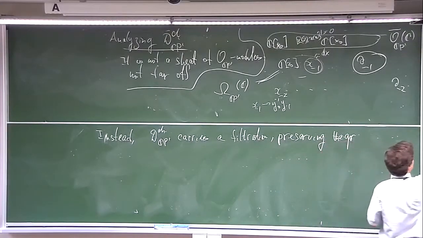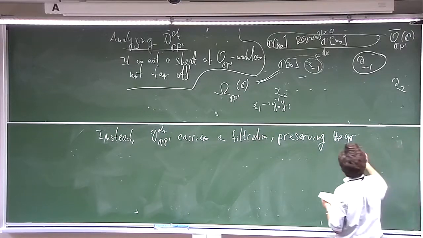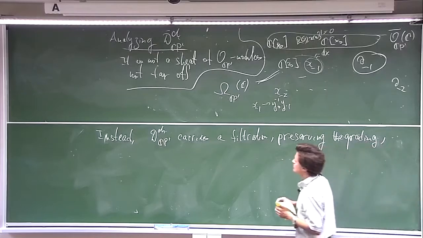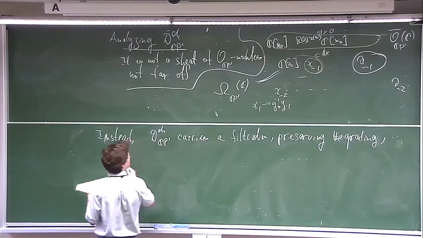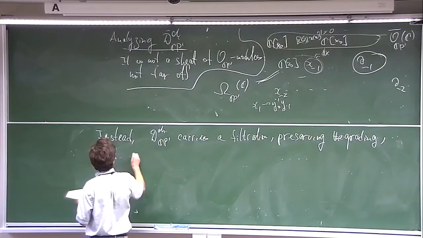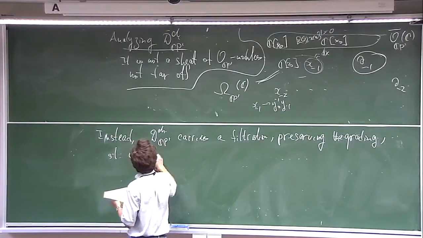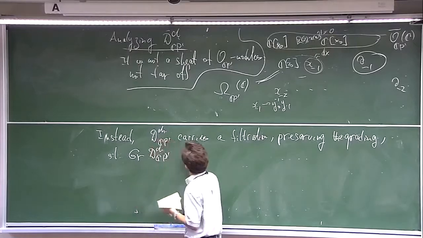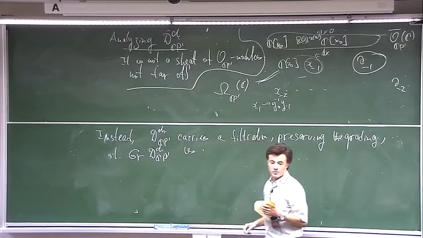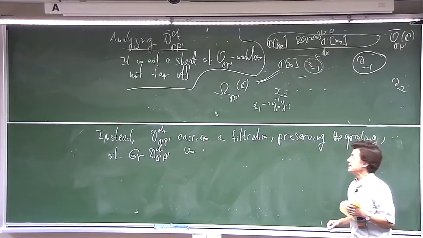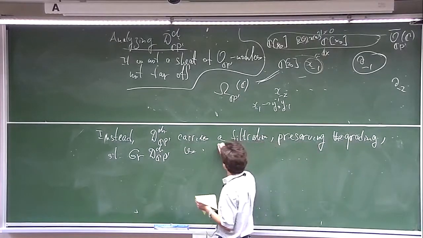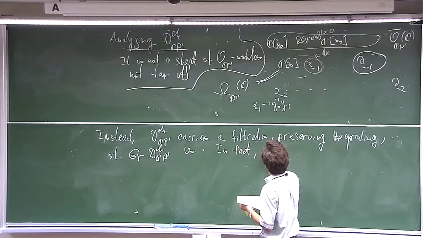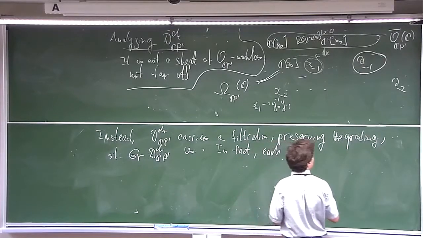The grading is this one: 0, 1, 2. So that the corresponding graded sheaf is, in fact, each component, which I should have denoted like that.